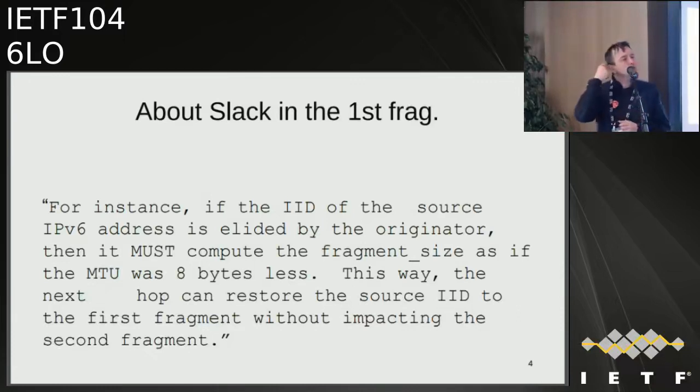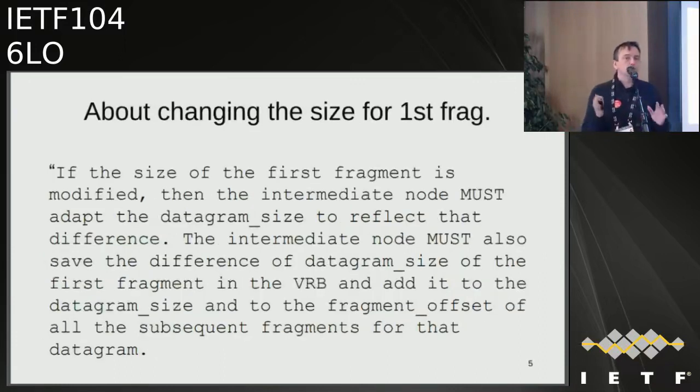The other thing which Michel pointed out is, okay, but if you change the first fragment, it means that the offset of the modified datagram in the compressed packet, which is how we express things here, changes as well. Yes, it does.